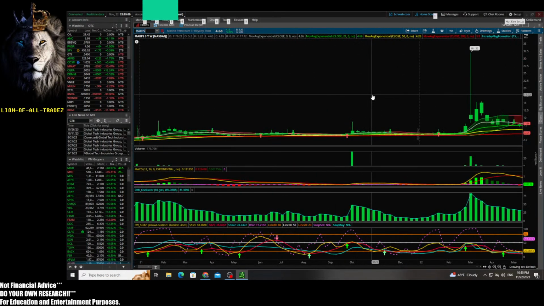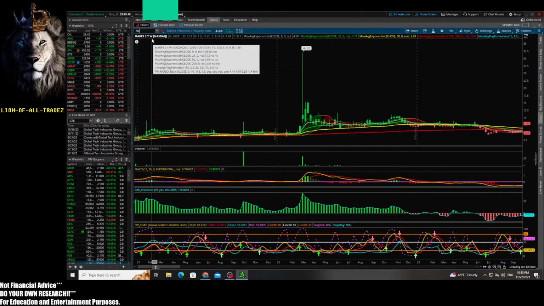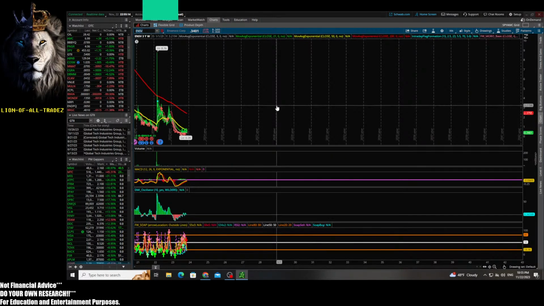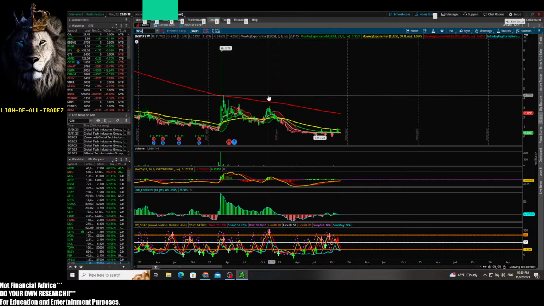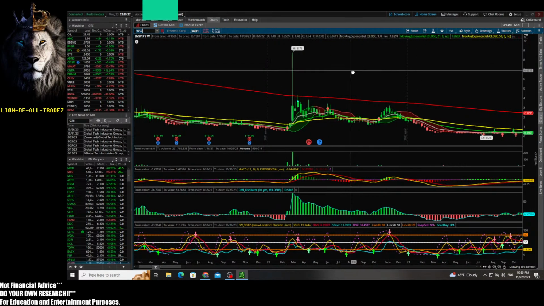This thing went from about 4.50, 4.70, around that range, to 32 bucks. And then last but not least, ENSV and Servco Corp. This thing went from 56 cents to $8.76 at the top.